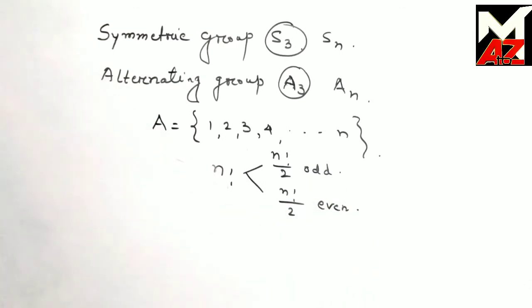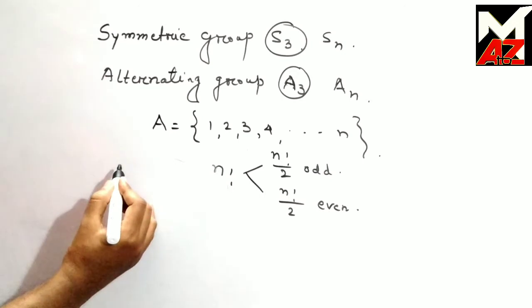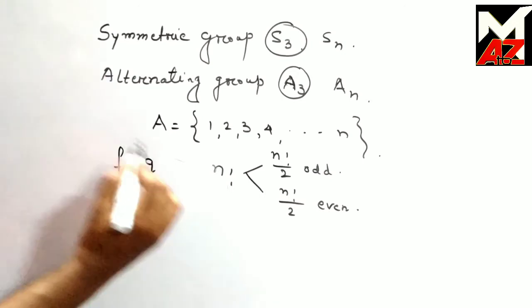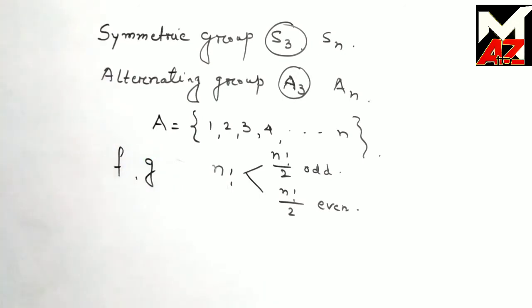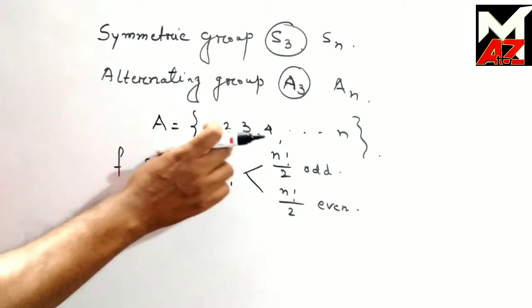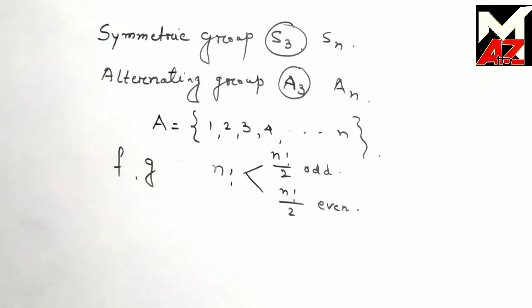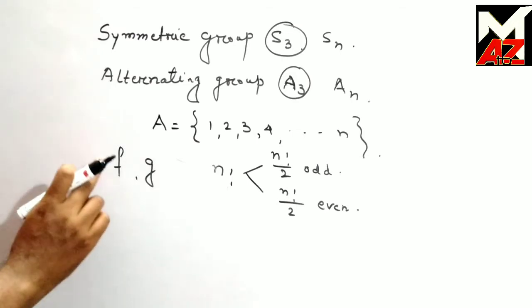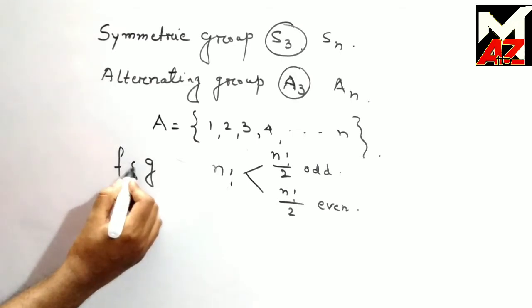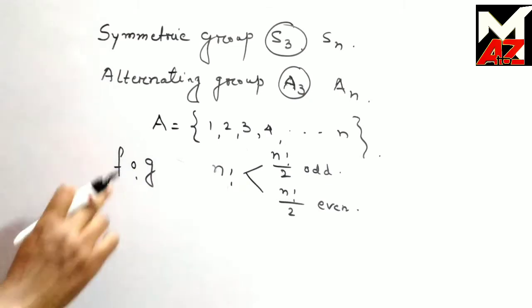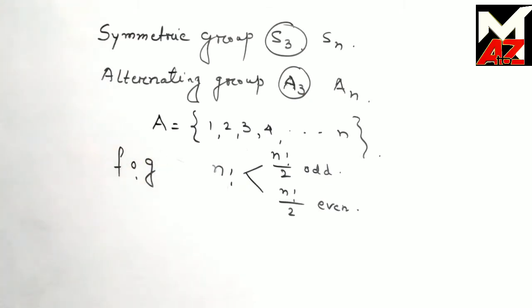Now we know that if we take any two bijective mappings, these are also permutations from this set. The composition of two bijective mappings is also a bijective mapping.